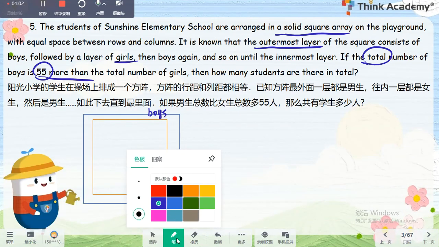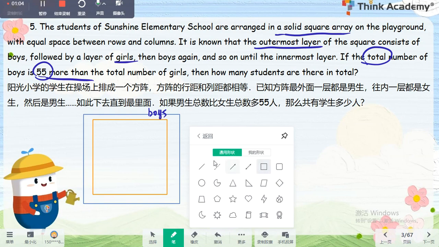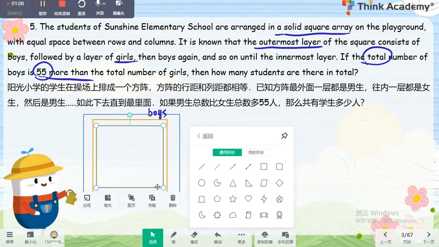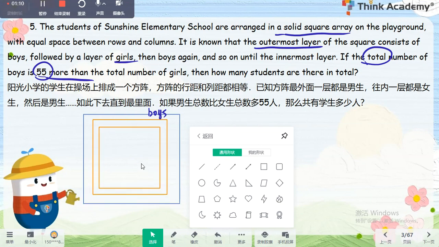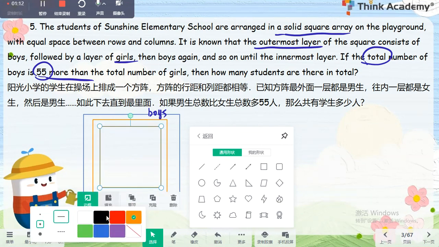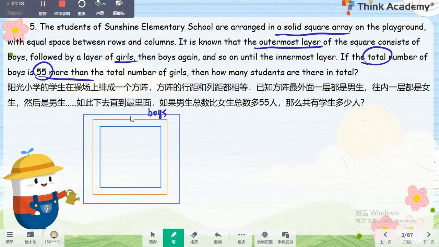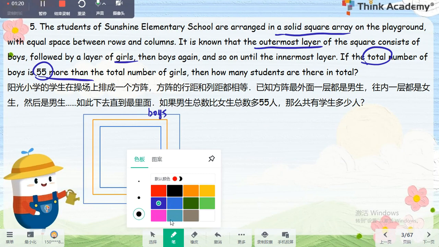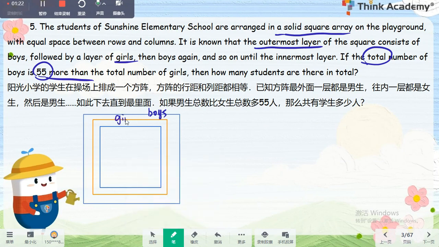And next, if we go inside again, then there are boys again. So we use blue color to represent it. And the next is girls. So it will be boys, girls, and then boys and girls in turn. Altogether, we know there are 50 more boys than girls.